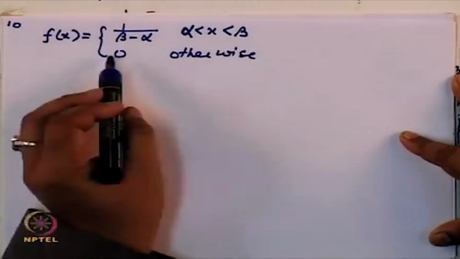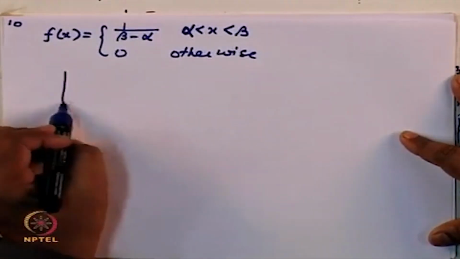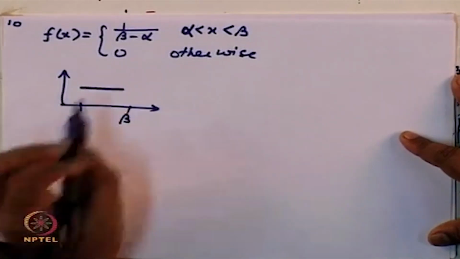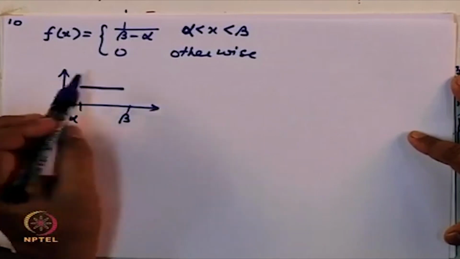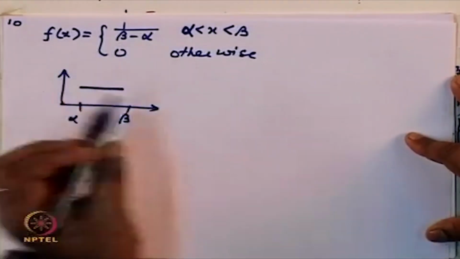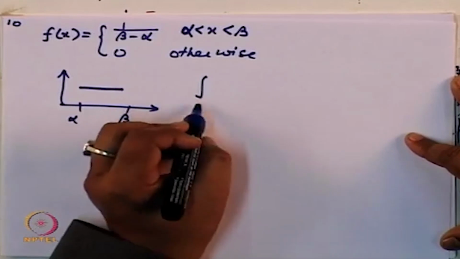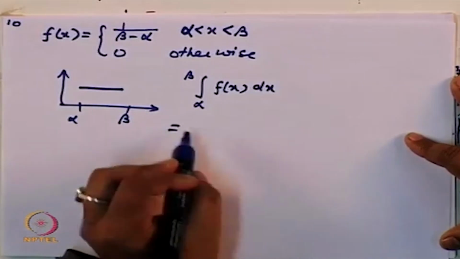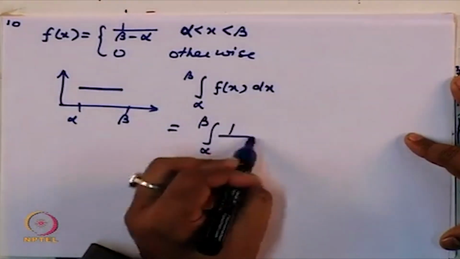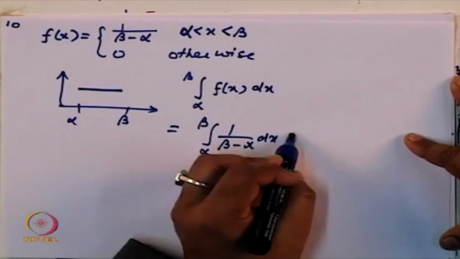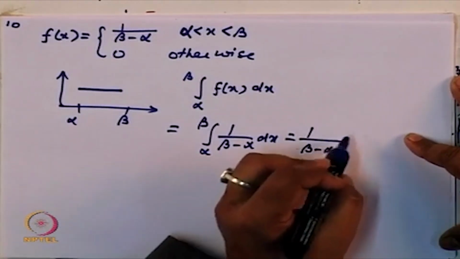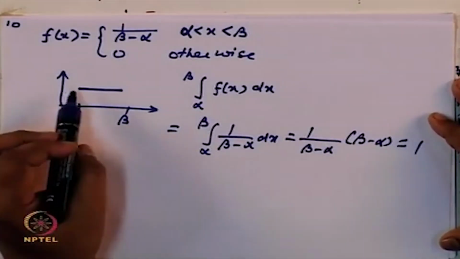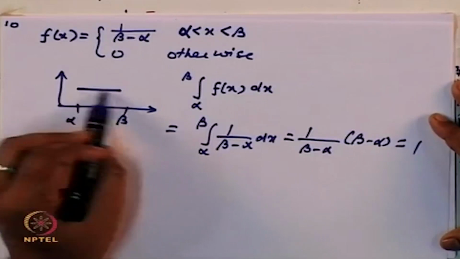If you have a domain alpha to beta, then your probability is uniform between that region, and you understand why it has to be 1 by beta minus alpha. Why? Because the integration of f(x) dx from alpha to beta is nothing but the integral from alpha to beta of a constant, which must equal 1. So, for a uniform distribution you have a constant probability.